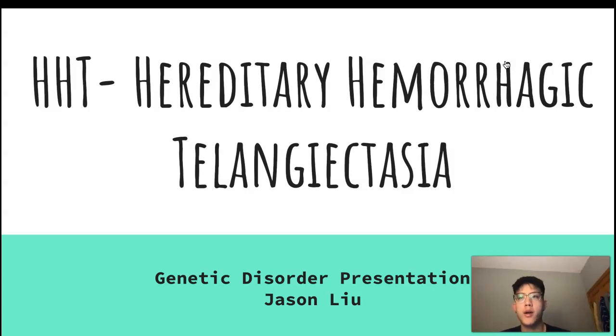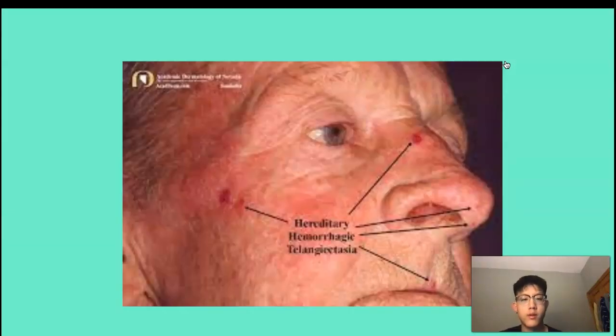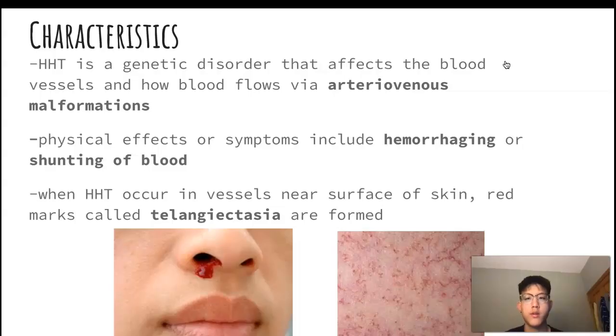So my genetic disorder is HHT, which is hereditary hemorrhagic telangiectasia. Forgive me for my pronunciation. So some characteristics.